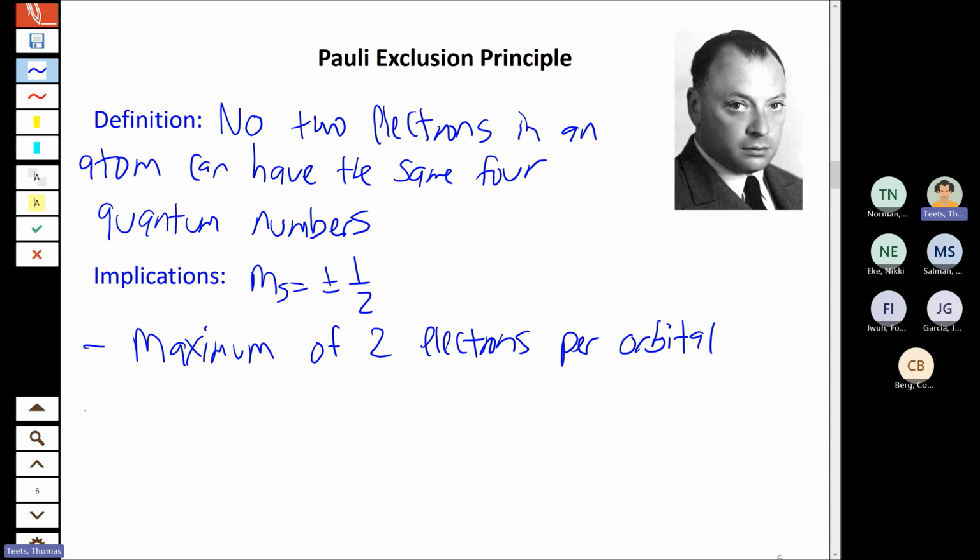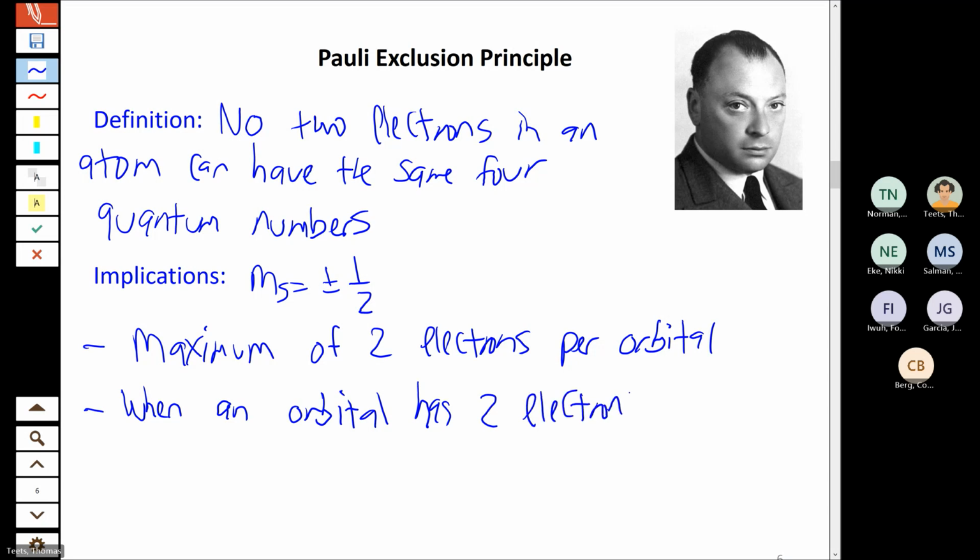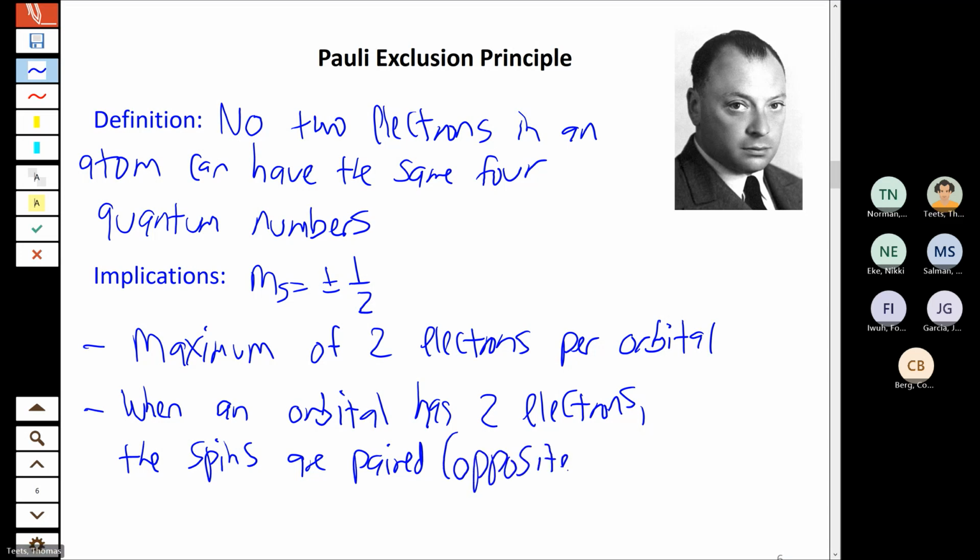So to take it again a step further, which is hopefully obvious at this point, if an orbital does have two electrons in it, which is the most it can have, the spins are what we would call being paired, which is the chemistry way of saying opposite. One of those electrons is m sub s equals plus 1/2. The other has to be m sub s equals minus 1/2.